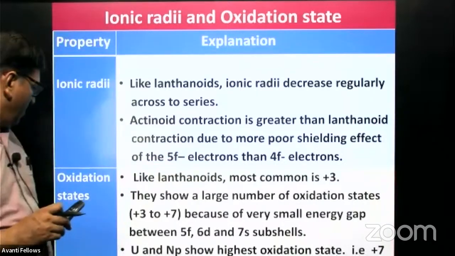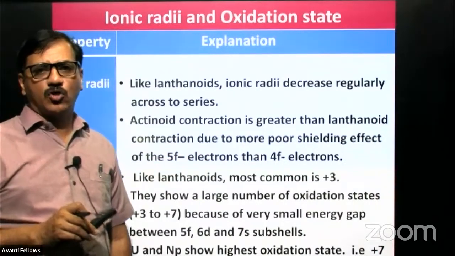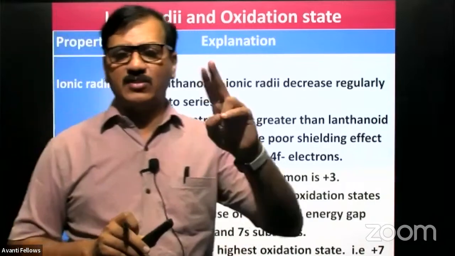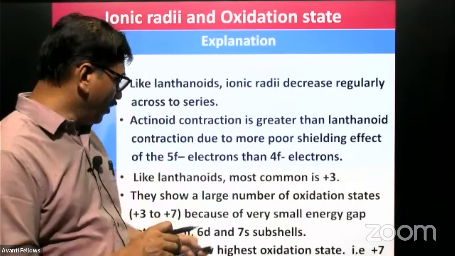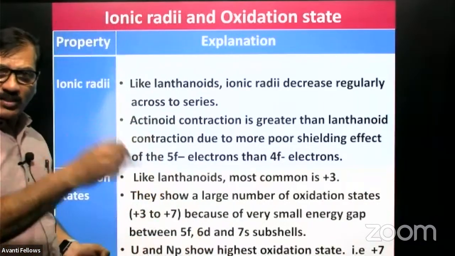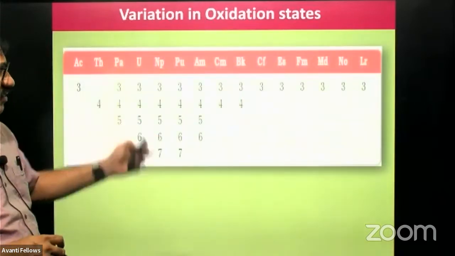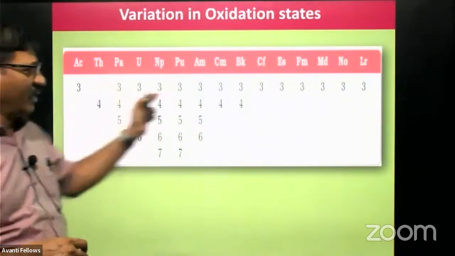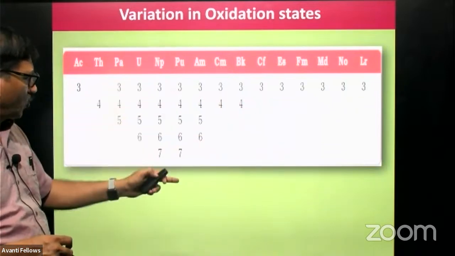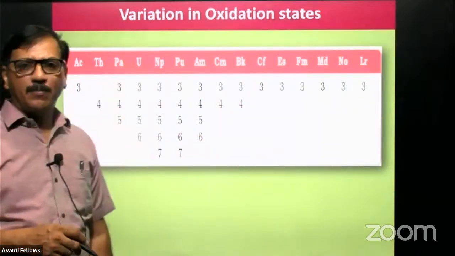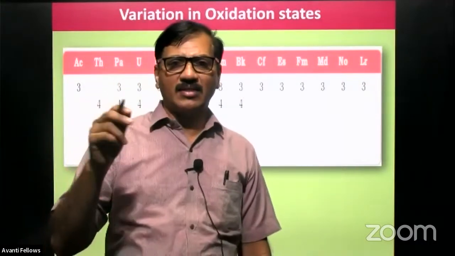Oxidation states. Here is the difference. Lanthanoids show +3 as the common oxidation state, and +4 and +2 in a few cases. But actinoids show up to +7. +3 is commonly present, and neptunium and plutonium will show up to +7. They show more variable oxidation states.